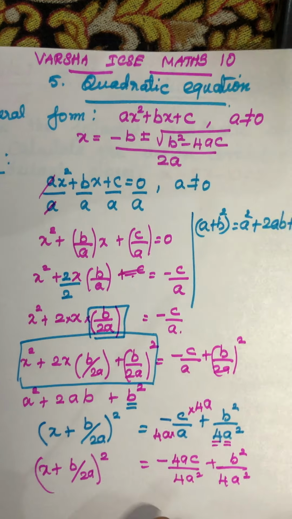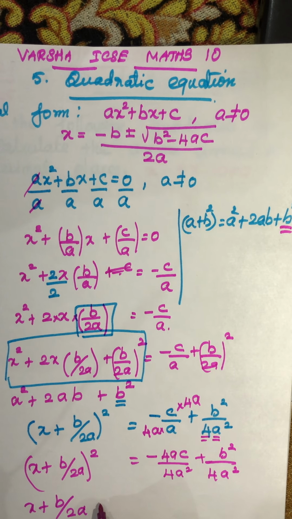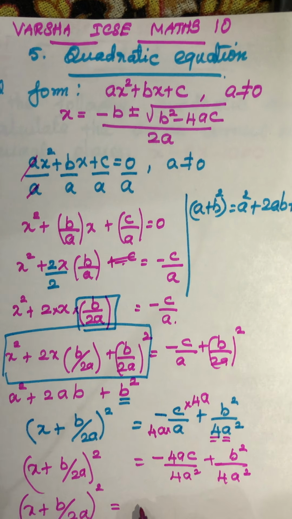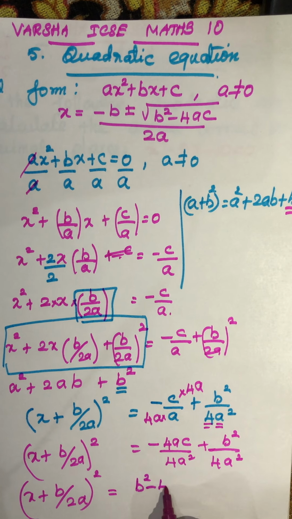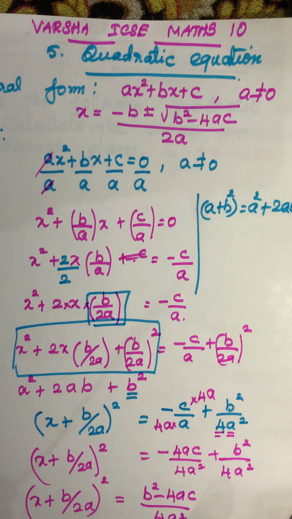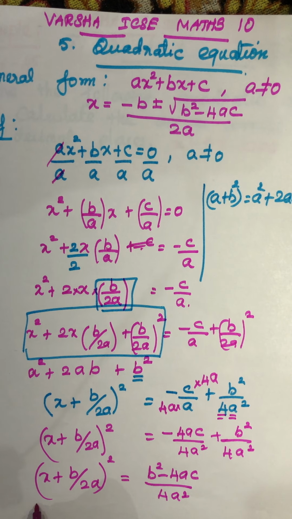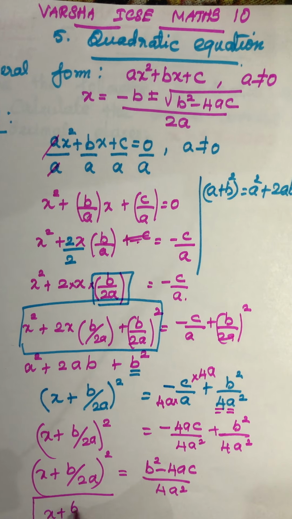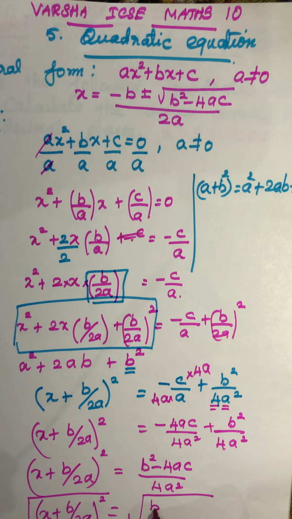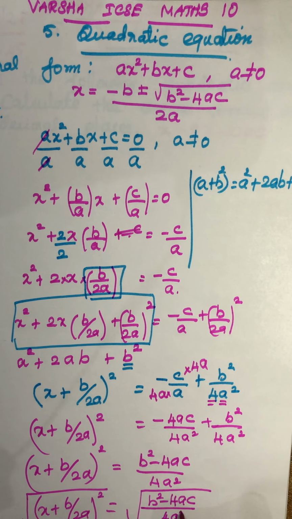Okay, see our next step. So this is x plus b by 2a the whole square equal to b square minus 4ac by 4a square. So to eliminate this square, I am going to take the square root. So x plus b by 2a equal to root of b square minus 4ac by 4a square.